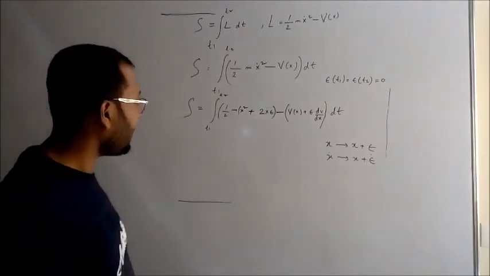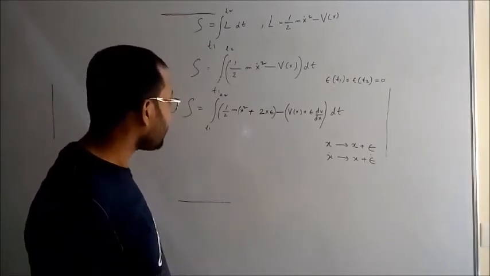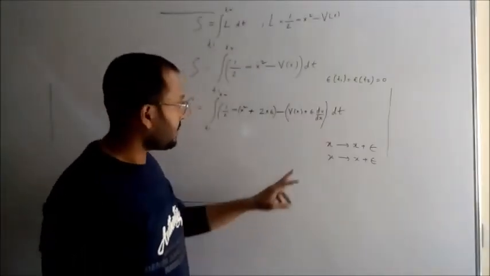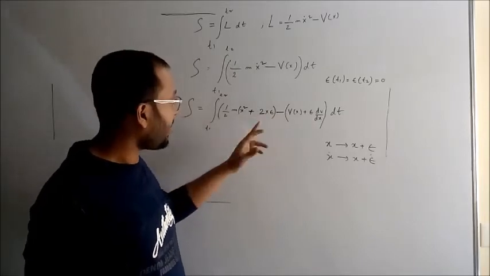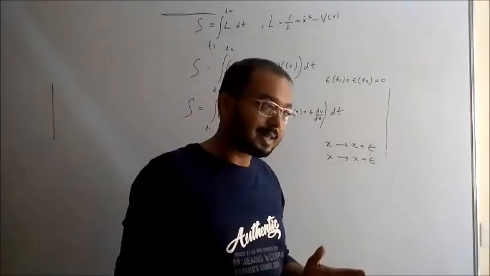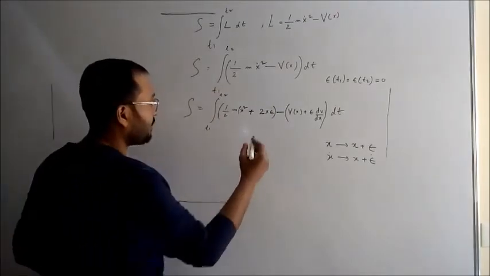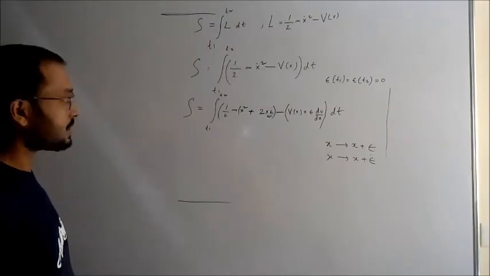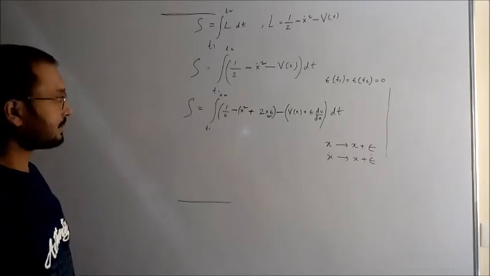How do we move ahead from here? Well, the idea is to isolate terms containing epsilon. Now here there is an epsilon dot. I want to isolate terms that contain epsilon. So what I can do for this term only, integration of x dot epsilon dot, is that I can use integration by parts.